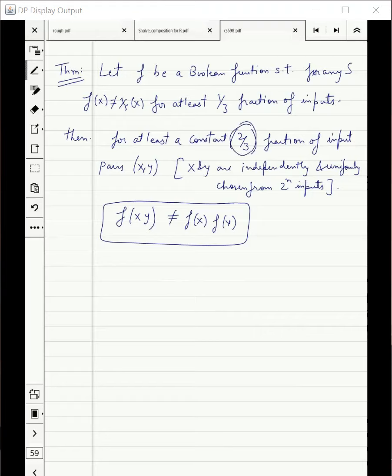Now, if I want to make this 2/3 to, let's say, 99/100, instead of doing my algorithm 1 time, I will do it 100 times.